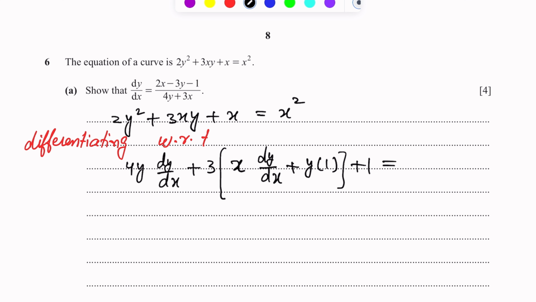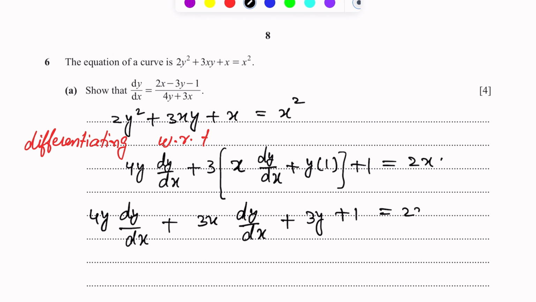On the right hand side, differentiation of x square is 2x. Now simplifying: 4y dy over dx plus 3x dy over dx plus 3y plus 1 is equal to 2x.